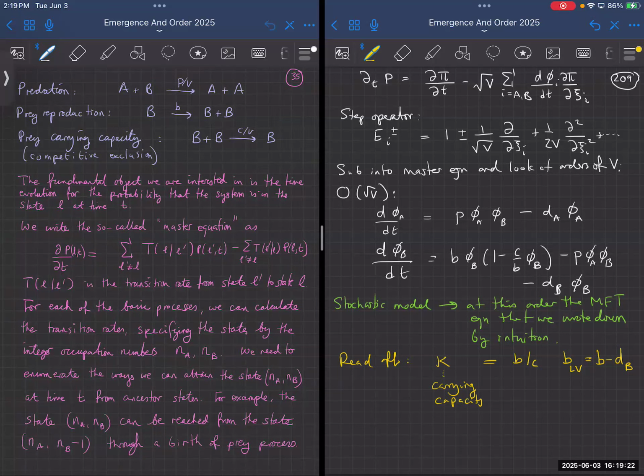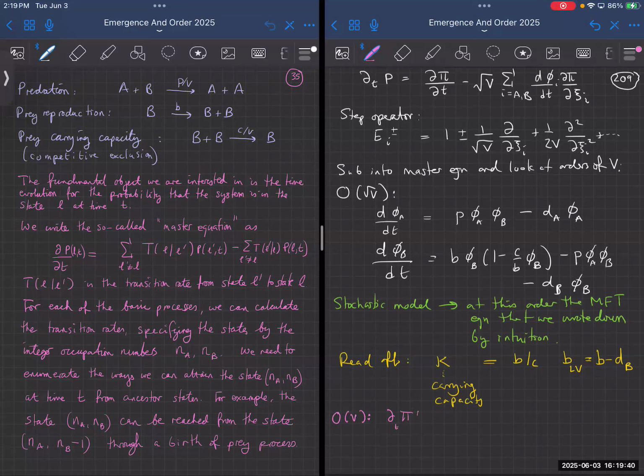Okay, so that's mean field theory. Now we want to go to next order. So now I go to order V, and now I get something much more complicated. Let me write it down, and then I'll explain what the terms are.